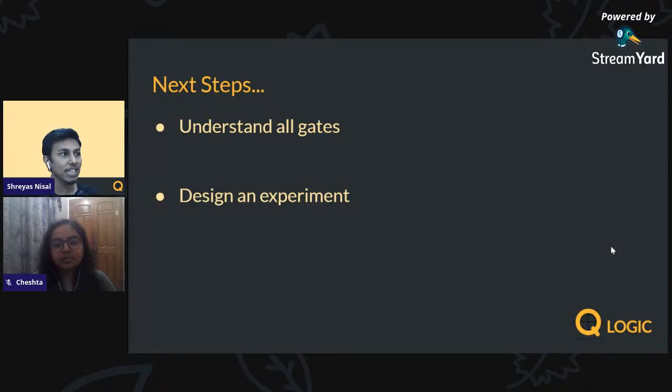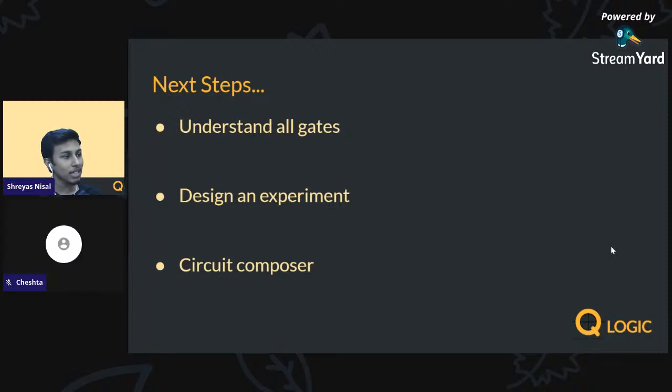Once you have an experiment in mind, some kind of a quantum circuit that you can make, you would head over to a circuit composer. There are a lot of circuit composers available, and you can make a circuit using these quantum gates and just try out the experiment.